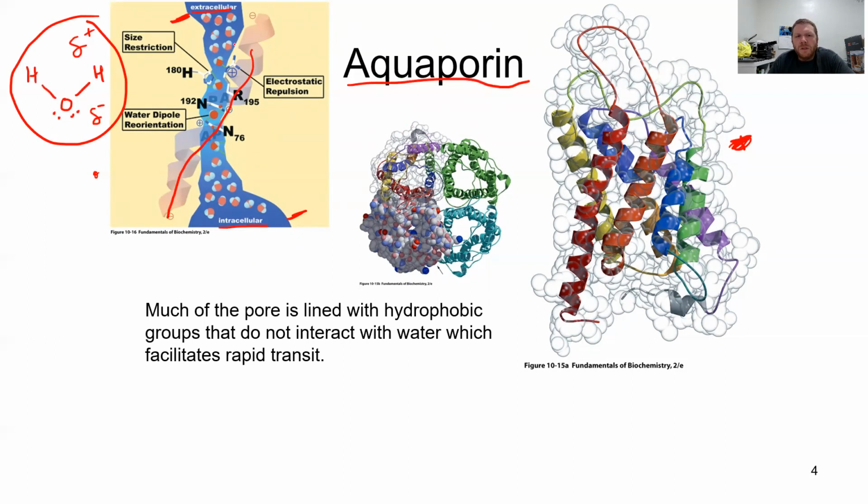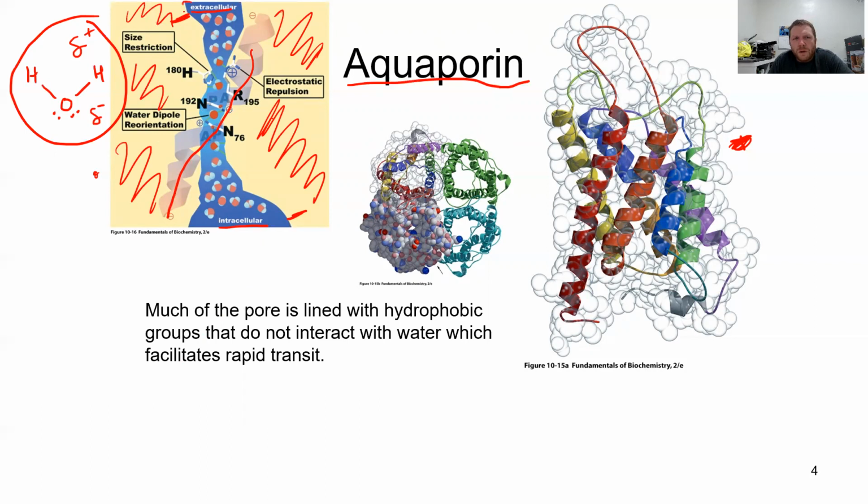Most of what makes up this manila envelope colored thing, this is our protein, and most of the residues along this end and this end are hydrophobic. When you think hydrophobic, you think it's going to repel water.